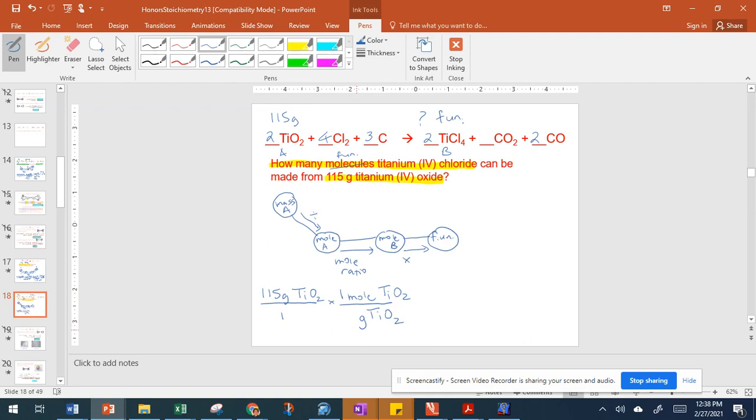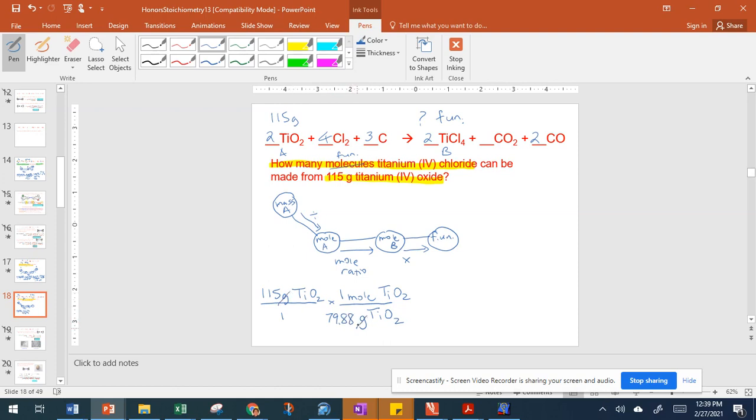Okay, so let's look at our periodic table once again. Find the molar mass of titanium 4 oxide. So that'll be 47.88 plus 2 times 16, which gives us 79.88 grams.